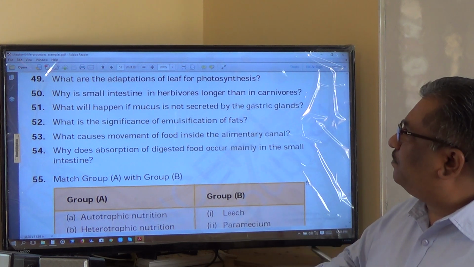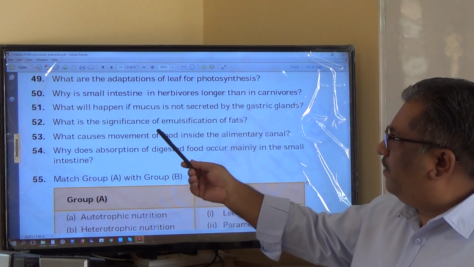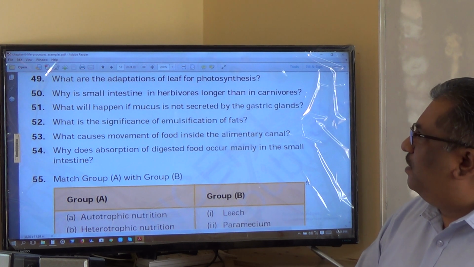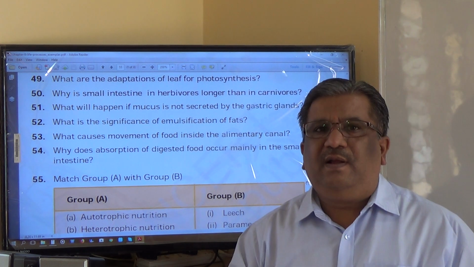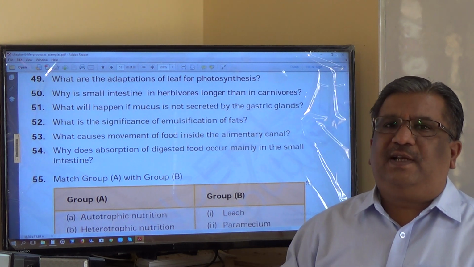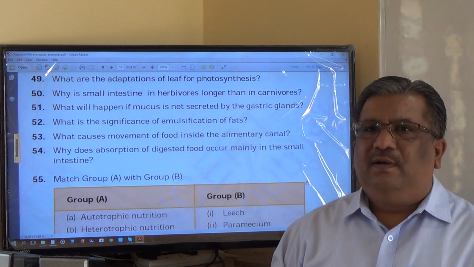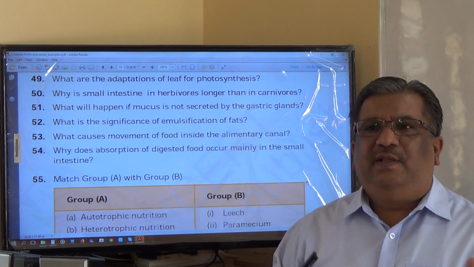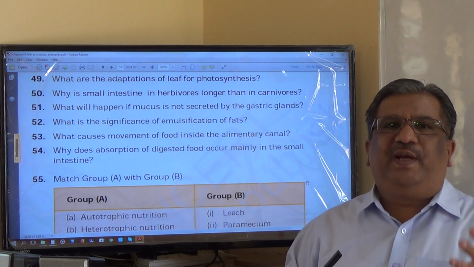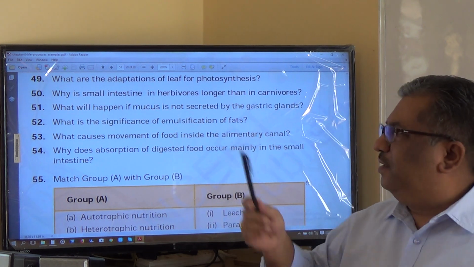Okay. What is the significance of emulsification of fats? See, generally in the food, fats are present in larger globules. Means the fat particles are bigger in nature in the food that we eat.